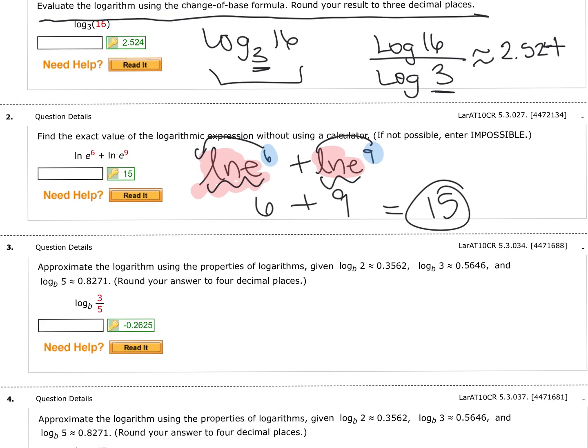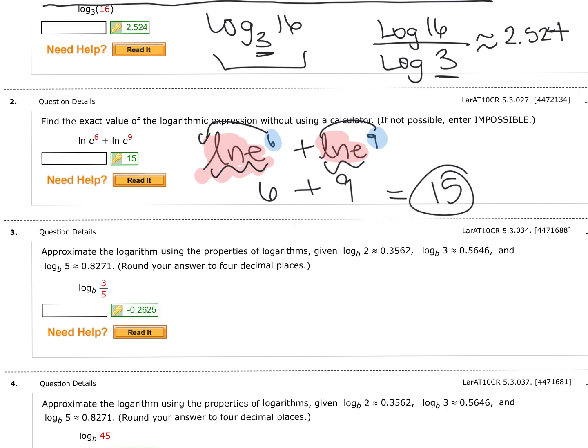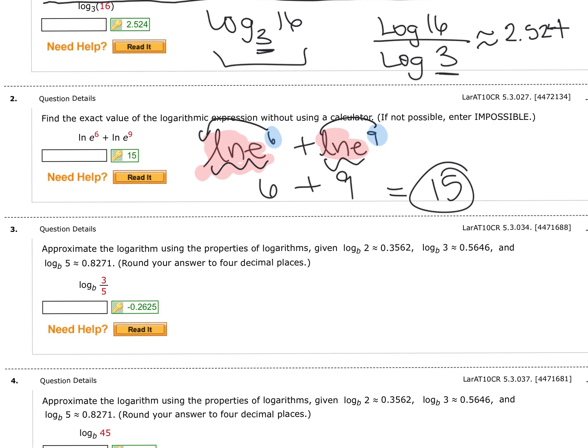All right, number 3 says approximate the logs using properties of logs given that the log of 2 base b is approximately 0.3562 and the log of 3 is approximately 0.5646 and the log of 5 is approximately 0.8271.